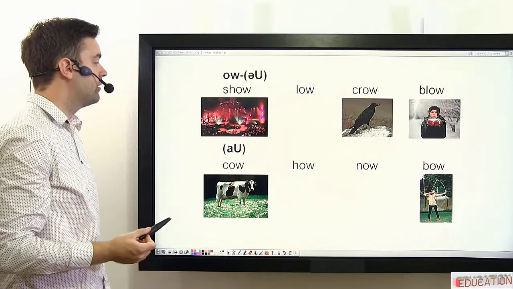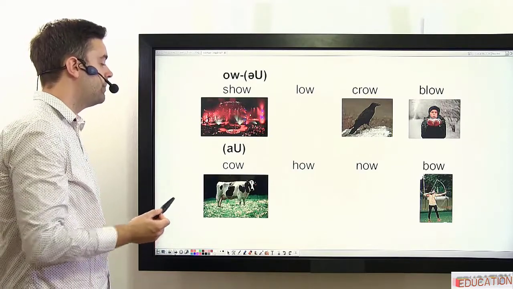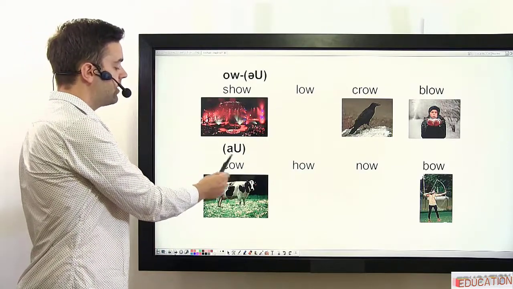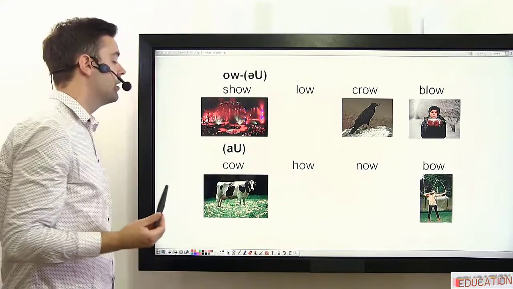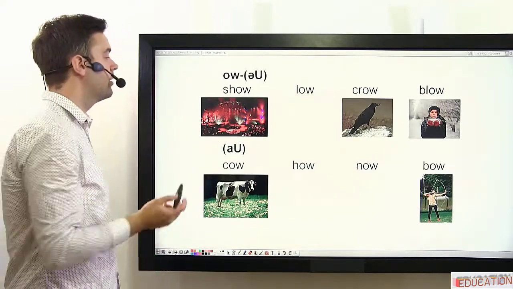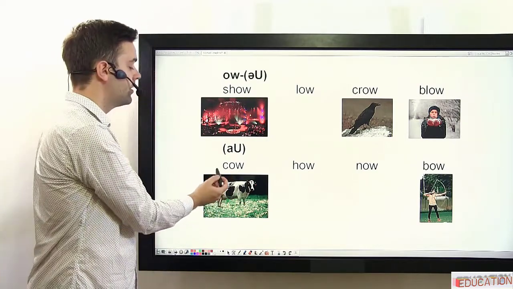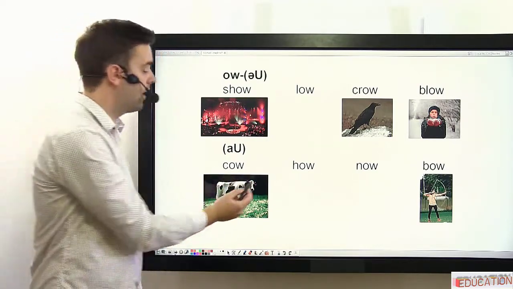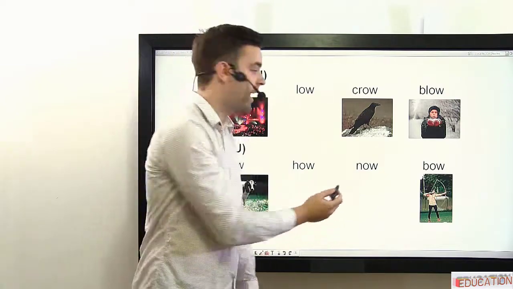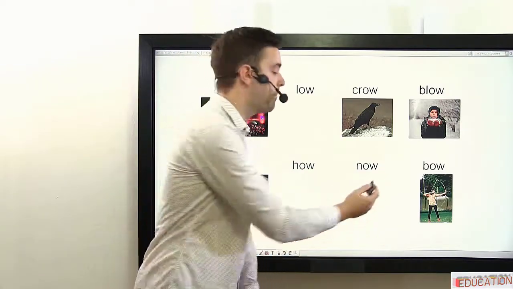When you join O and W, you can also get another sound. So ow. So cow, how, now, and bow.